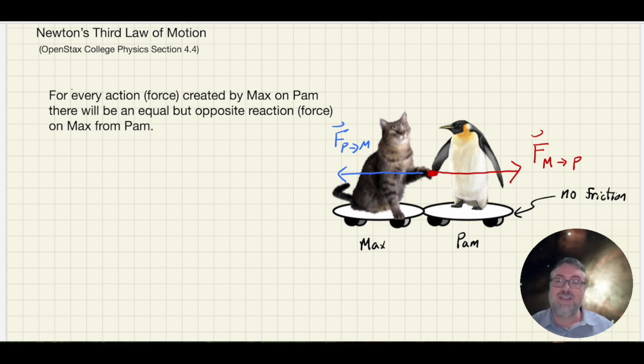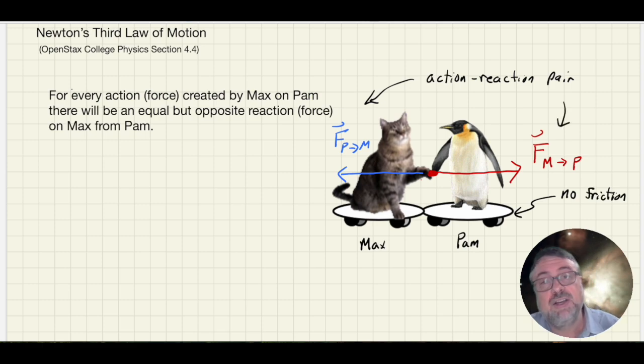We call these an action-reaction pair. Now, the thing to note about an action-reaction pair is they are never on a single object. An action-reaction pair is always on two different objects.